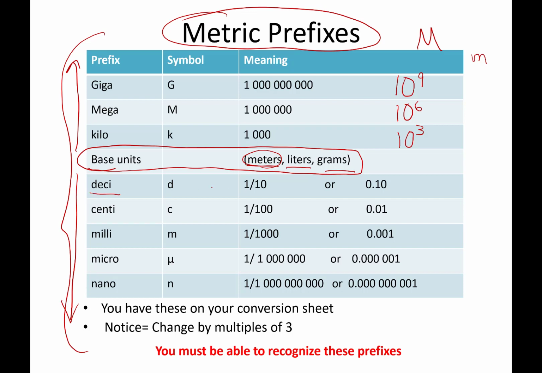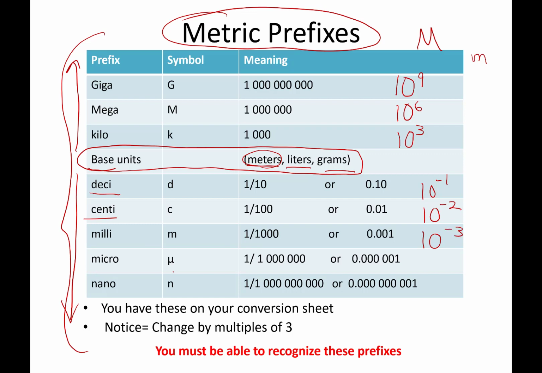If you want to make a unit smaller, you add one of these prefixes to the unit. Deci means 1/10, as in decibels, a unit of sound, or 10 to the negative 1. Centi is 10 to the negative 2. The way I remember centi is there are 100 cents in a dollar. Centi means 1/100th, and that's a lowercase c. Milli is 1/1000th, or 10 to the negative third.